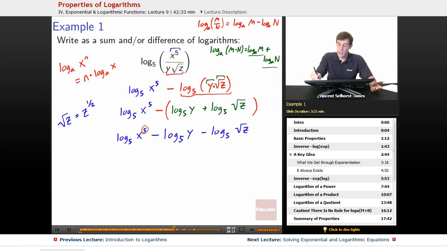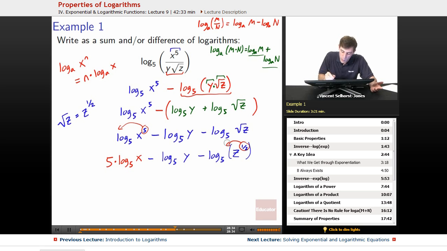So we can bring the 5 at the front, so we've got 5 times log base 5 of x. We continue to just bring down our log base 5 of y minus, we'll rewrite the z, log base 5 of z to the 1/2.